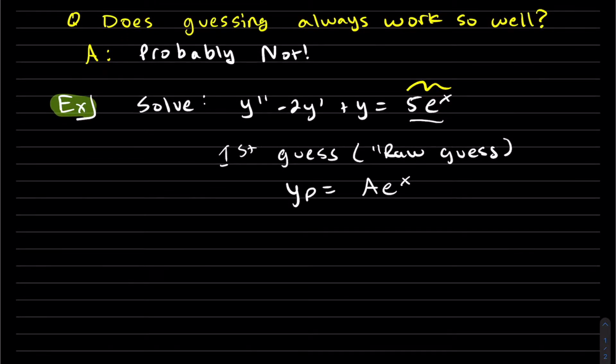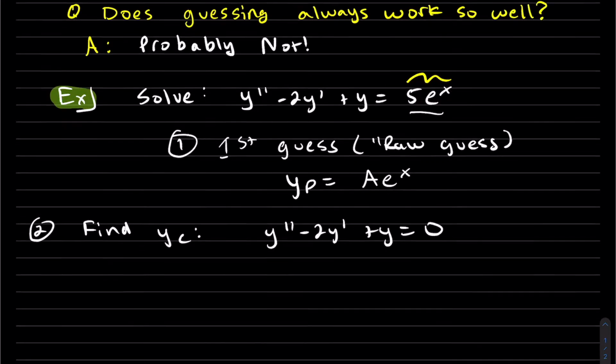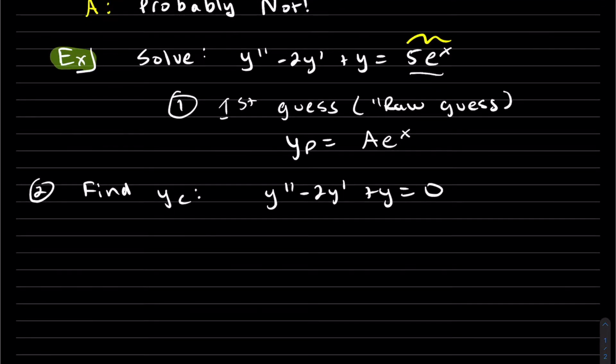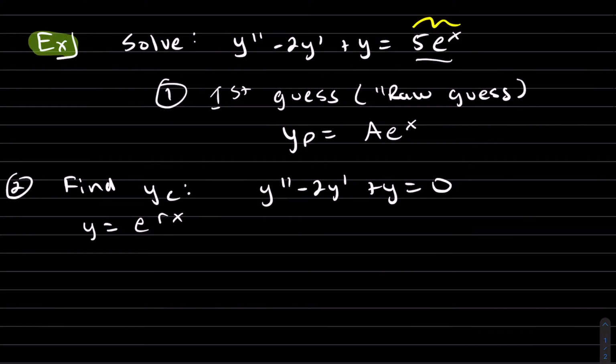Then you want to solve for yc. So this is our homogeneous solution. We set the left side equal to 0, the corresponding homogeneous DE, and solve for it. We can use constant coefficients, since that's what we have.